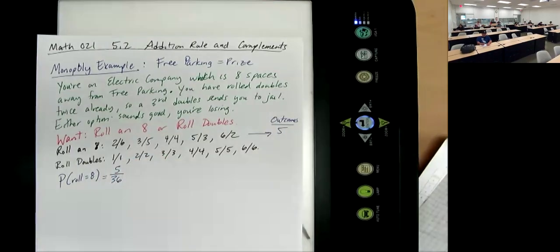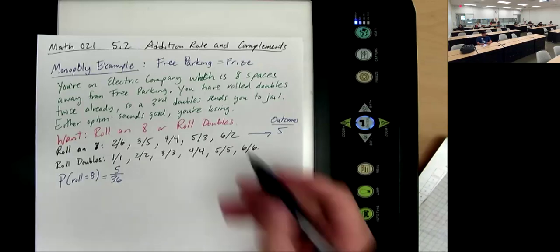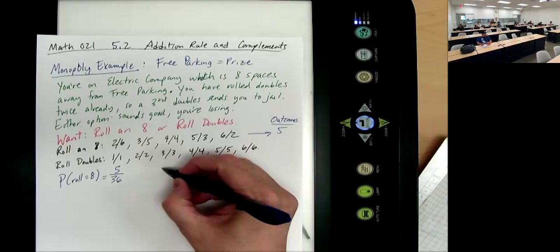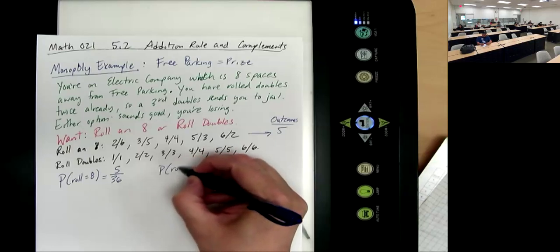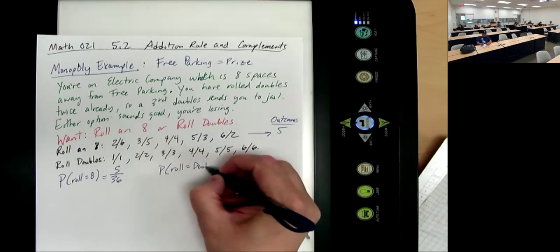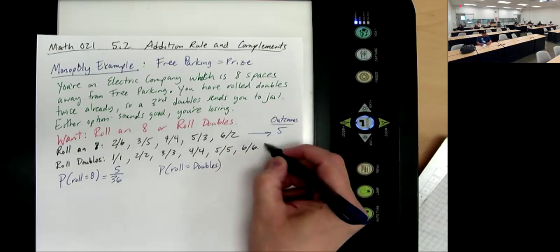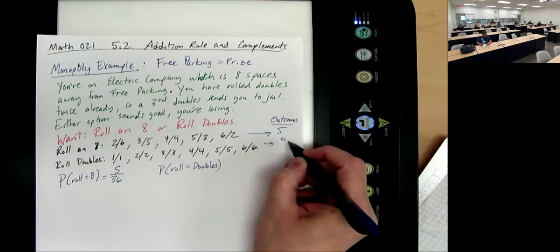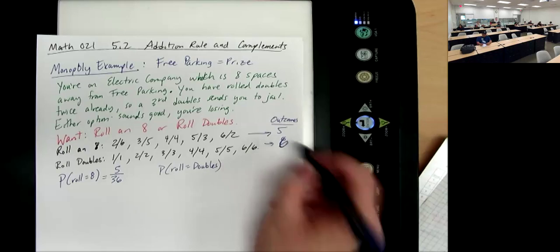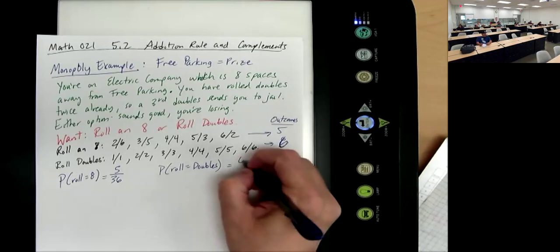We had 36 from last week, the 36 ways to roll 2 dice. We want to look at the probability of rolling doubles. We have 6 outcomes here. So this would be 6/36.